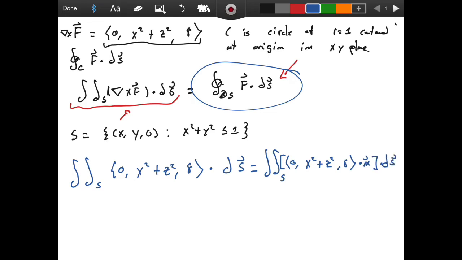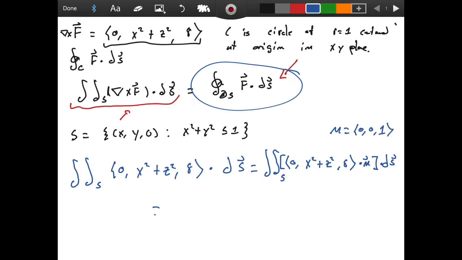I didn't say it, but C has counterclockwise orientation. So n is the normal vector of the surface. If the circle has counterclockwise orientation, this means n is pointing upwards. The surface is a disk of radius 1 in the xy plane centered at the origin, so the normal vector for that is just 0, 0, 1.